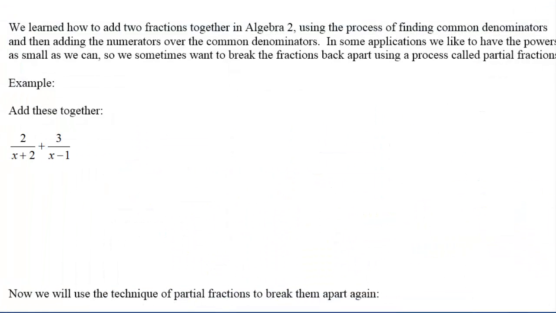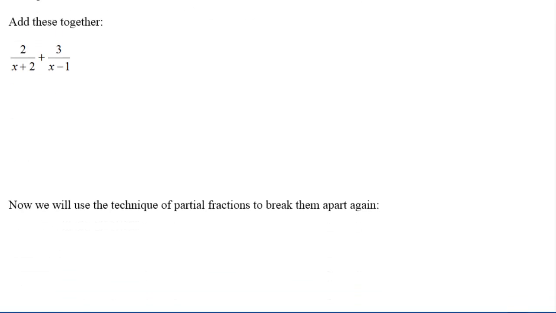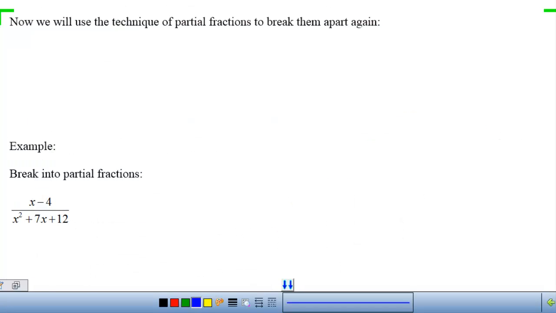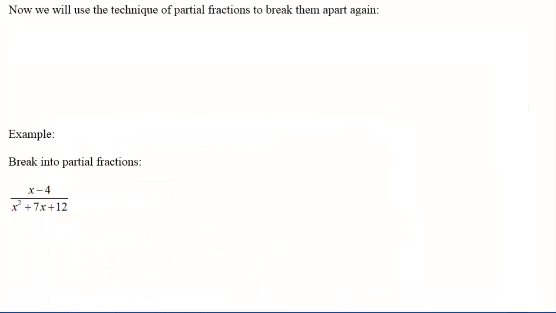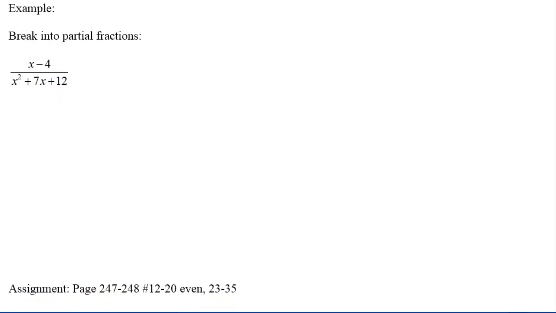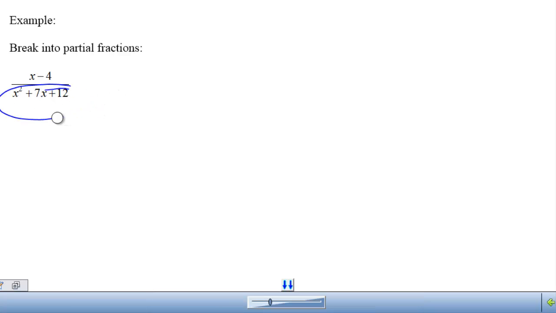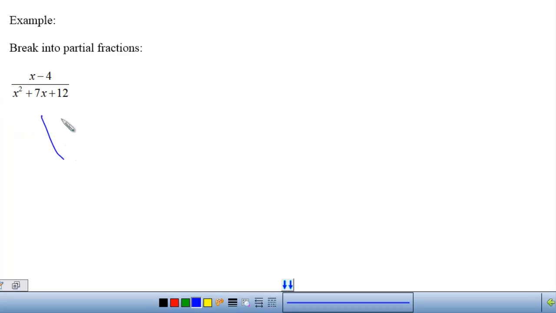Now in this next one, what we're going to look at is how to take it from there and actually break it back apart. So let's look at the example here. We're going to take this quantity, and the first step is to break it down into its factors.